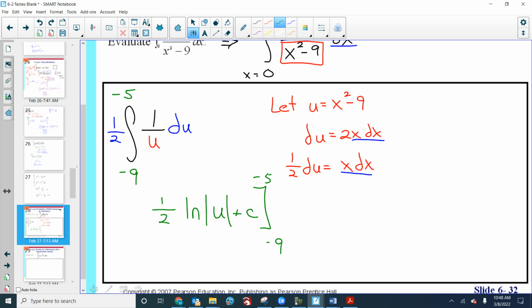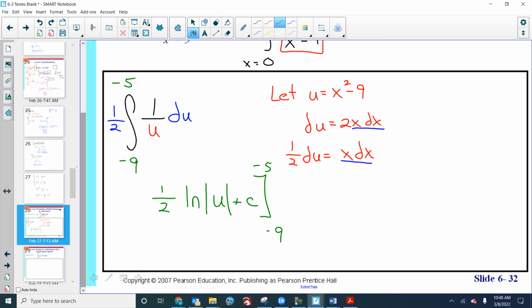If you didn't put the absolute value, you're going to run into issues in this problem. All right, equals 1/2 ln 5 plus c minus 1/2 ln 9 plus c.